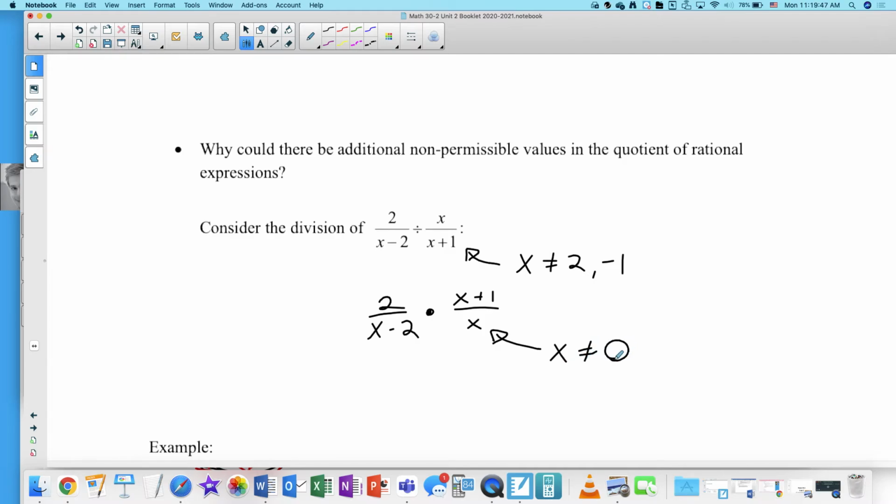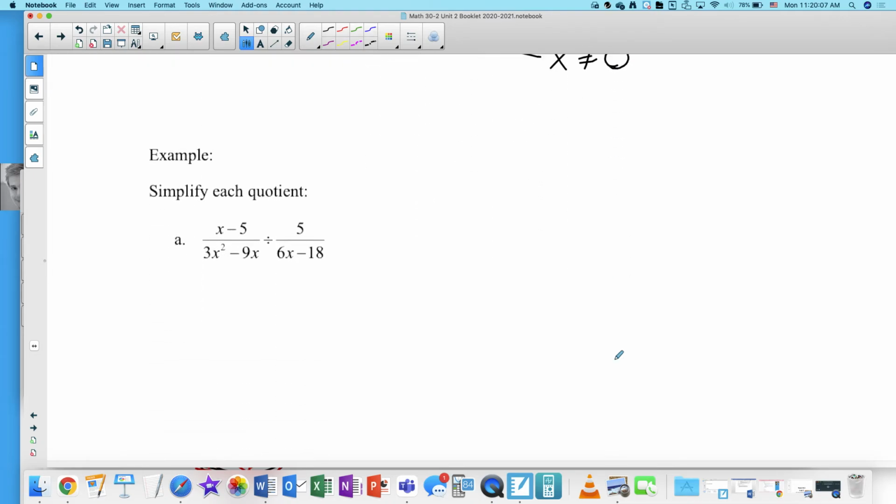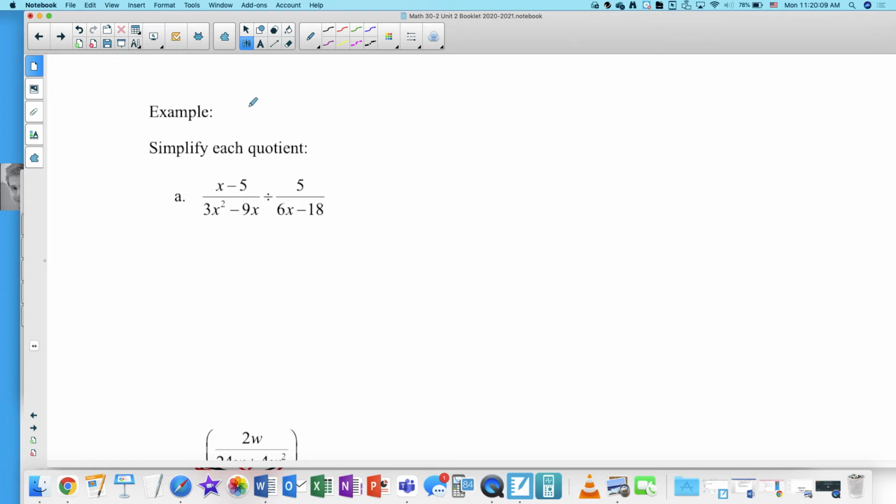Okay. So the extra thing you have to think about with division is that when you multiply by the reciprocal, you may get some additional non-permissible values, and you have to look out for those. And really, that is the only difference between multiplication and division, an extra thing to think about. Okay?